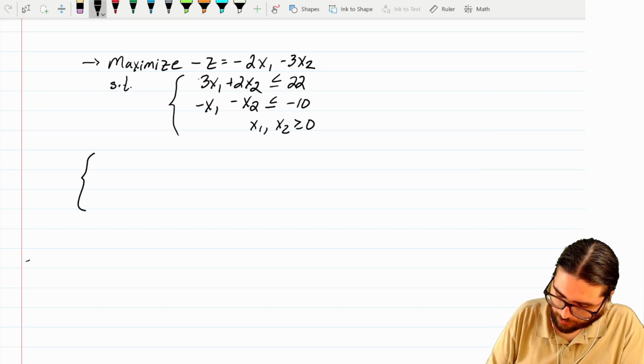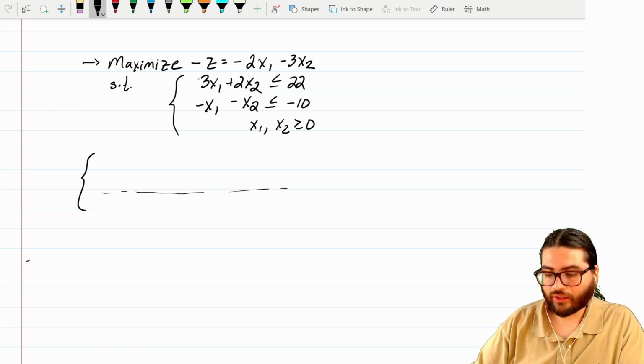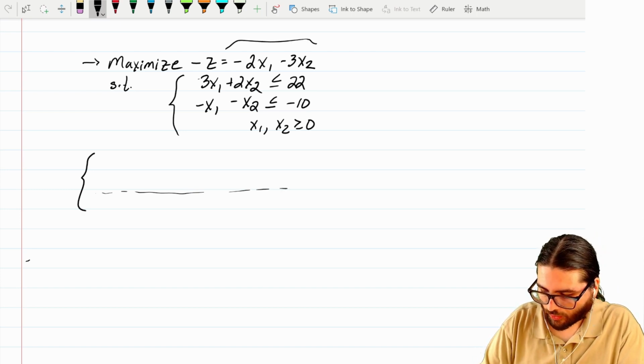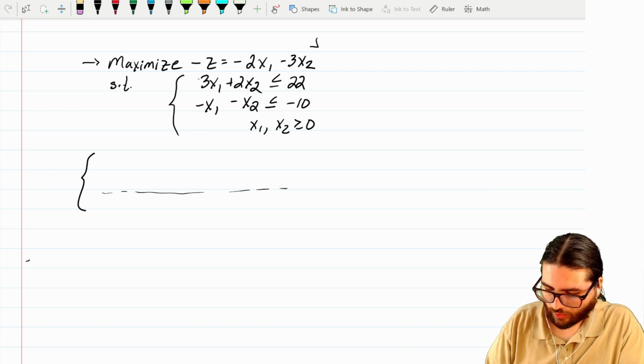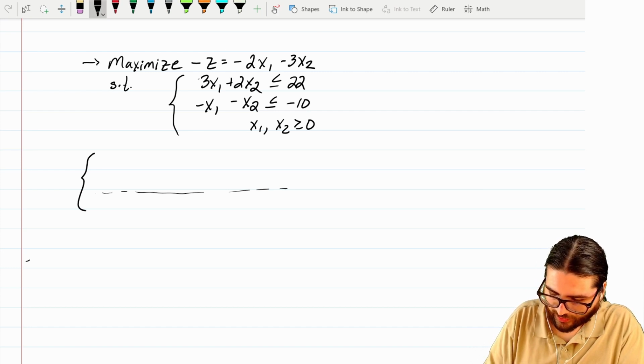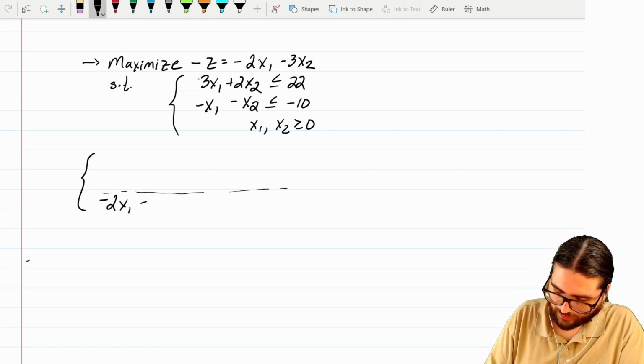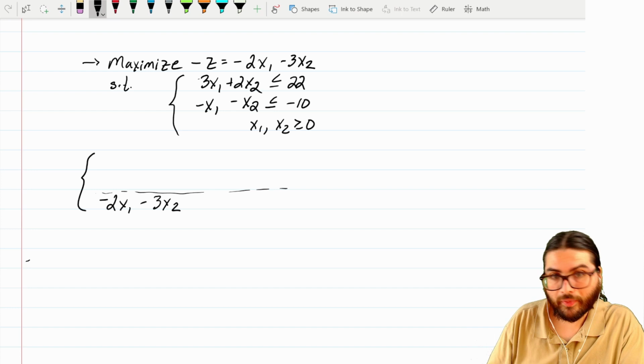So in the simplex method, we usually put the objective at the bottom. Now to make this back into a z, I need to move that z over to the right side. So the way the simplex method sees it, that's -2x1, minus 3x2. When I go to the matrix, I won't write the letter.